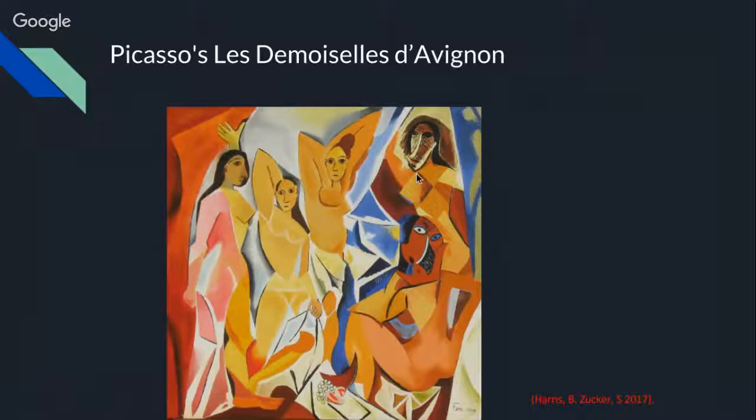And then if we go here, this woman's face, this figure on the left is an archaic figure, and so it goes back to ancient Spain and the Iberian arts. And so this is an agglomeration of styles, and this is also a physical confrontation and danger in this painting, because there's a lot going on.